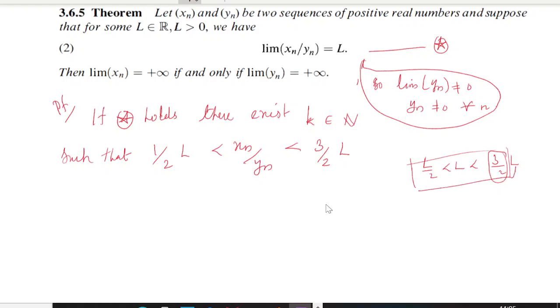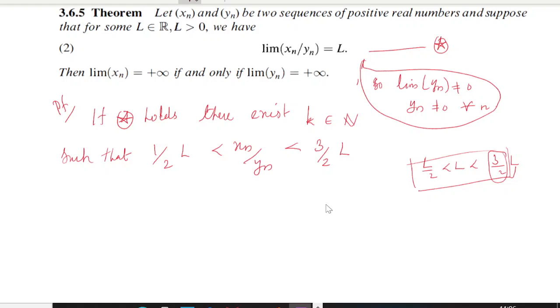We make use of it because we can consider this as a constant sequence and compare it.